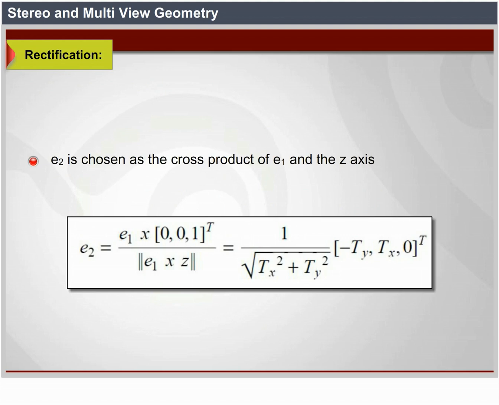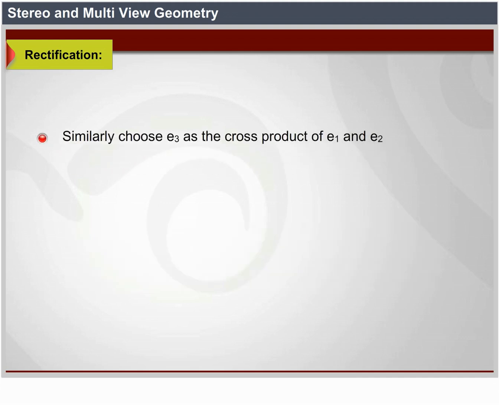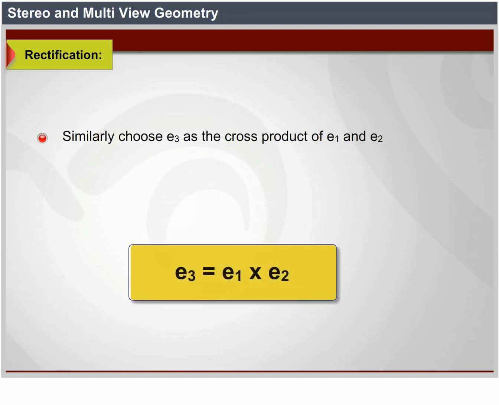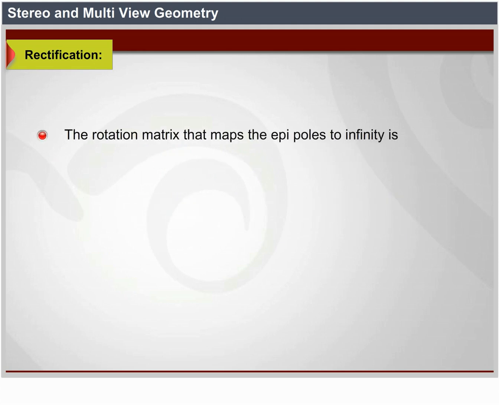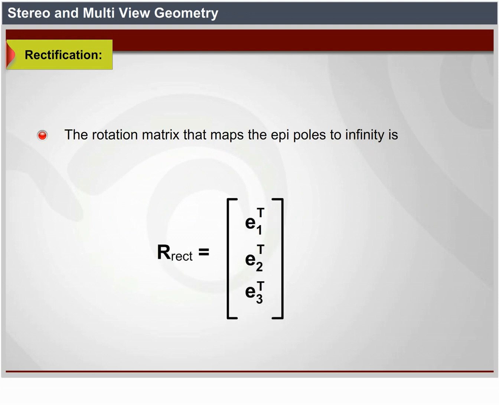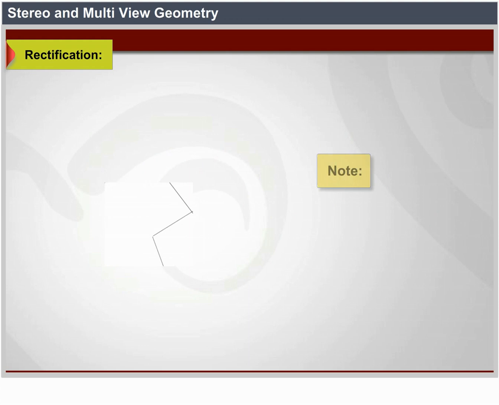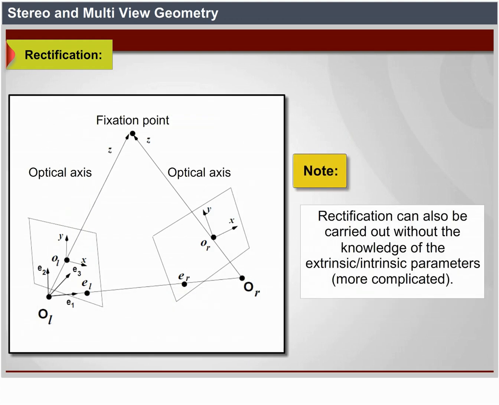Similarly, choose e3 as a cross product of e1 and e2: e3 = e1 × e2. The rotation matrix that maps the epipoles to infinity is given on the screen. Note: rectification can also be done without knowledge of the extrinsic and intrinsic parameters, but it is more complicated.